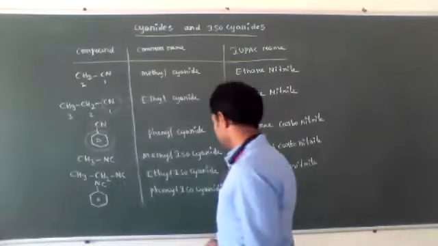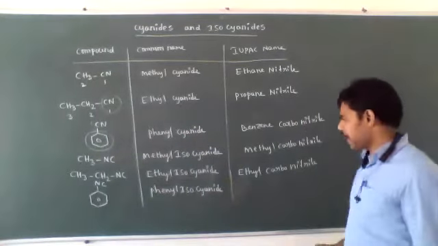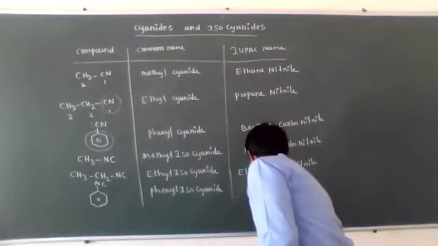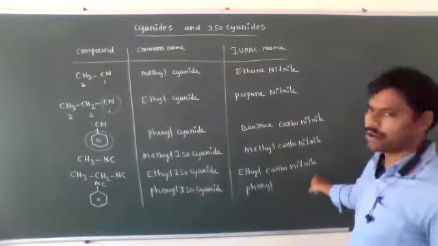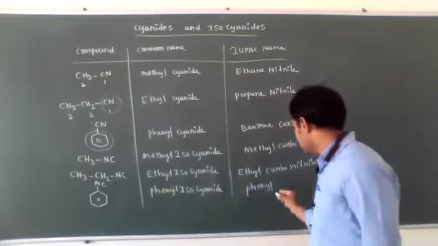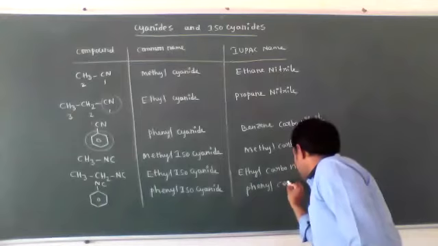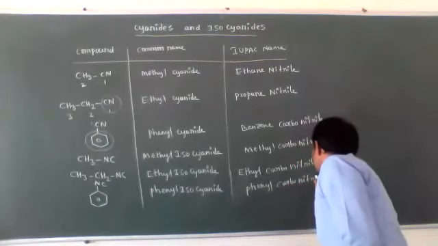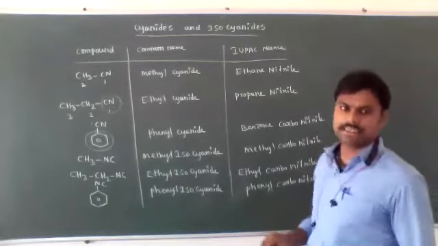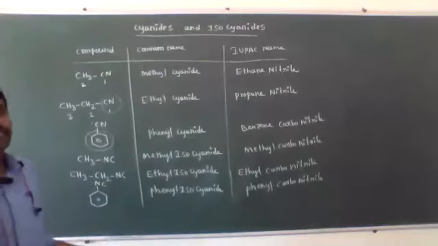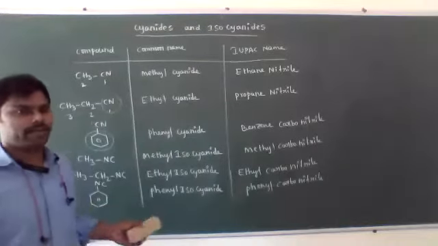IUPAC name is phenyl carbonitrile. Alkyl carbonitriles are the IUPAC name for isocyanides. That's why phenyl carbonitrile. So like that, we can write so many cyanides and isocyanides, IUPAC nomenclature as well as common names.